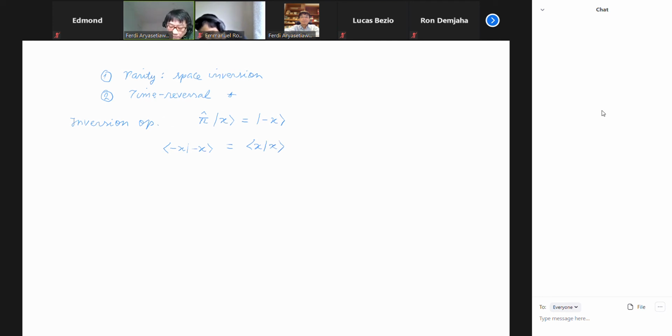So that implies this thing is equal to x pi dagger pi x. Comparing these two, that tells me that pi dagger pi is equal to 1. So that means pi dagger is equal to pi to the minus 1, if we multiply both equations from the right by pi to the minus 1.